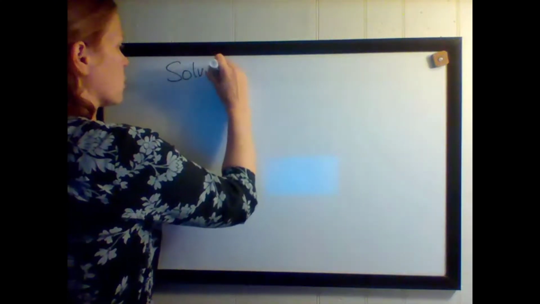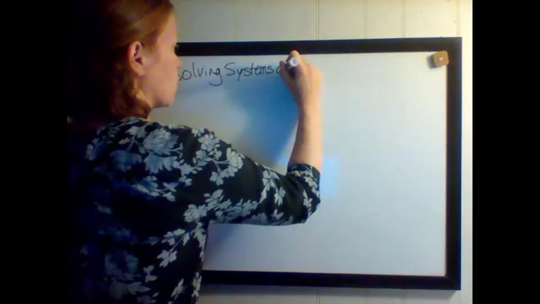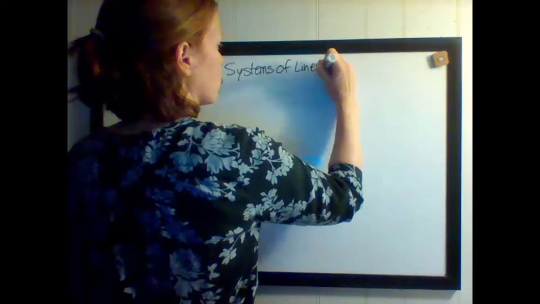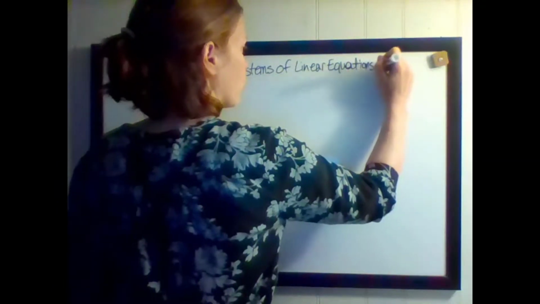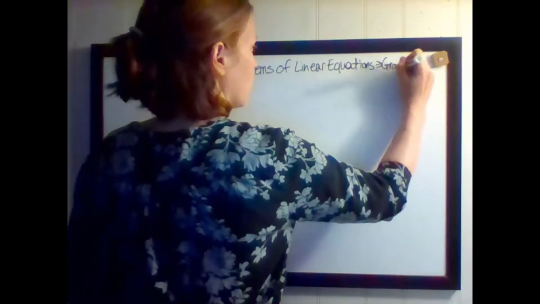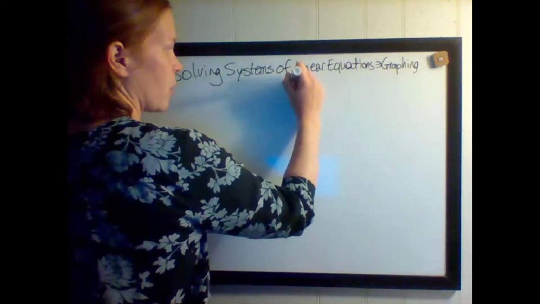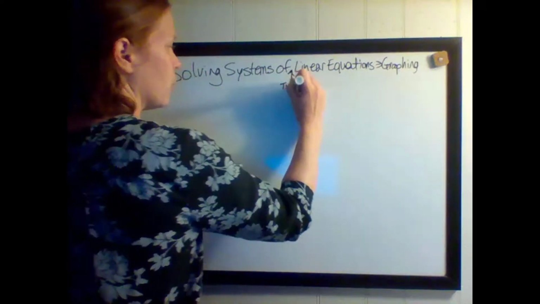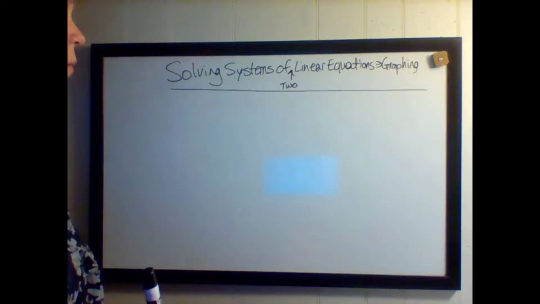So, solving systems of equations, systems of linear equations by graphing. There are three different methods to solve a system of, and I'm going to add in the word here, two linear equations. The first method is by graphing.